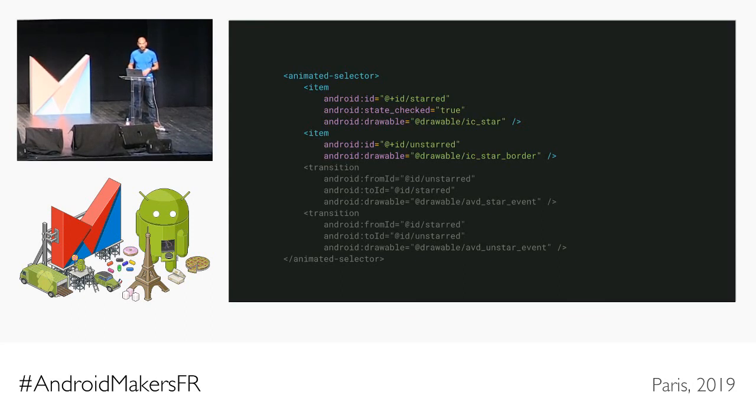This gives you a very similar API, where you can define static drawables in given states. But you can also define transitions to be run when moving between those states. So in this example, when you're moving from the unchecked to checked state, you can provide a drawable, which can be either an animated vector drawable or an animation drawable, the frame-by-frame sequence version, which will be run when you are moving between those states.